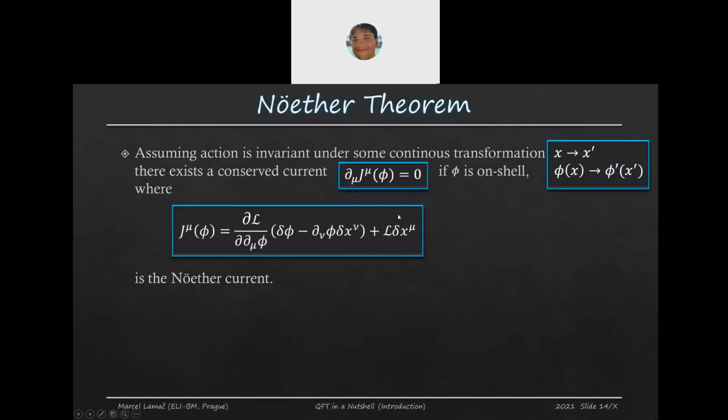What does it mean that it is conserved? It means that if we take the four-divergence of this quantity, then it is zero. There are many strange symbols, and we will explain them on an example in the next slides.